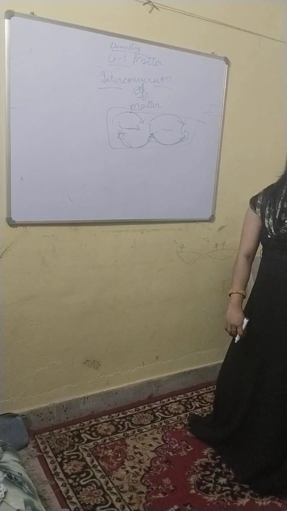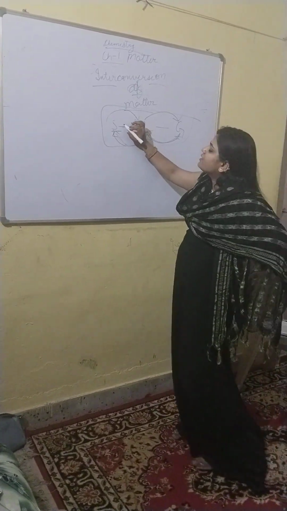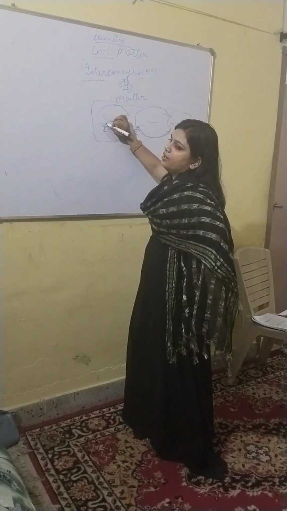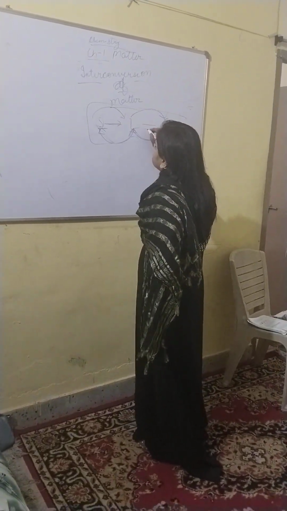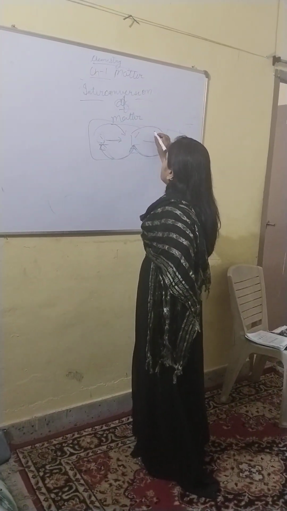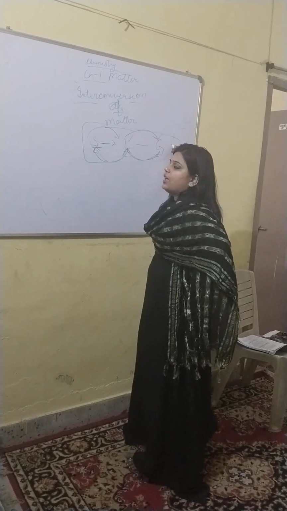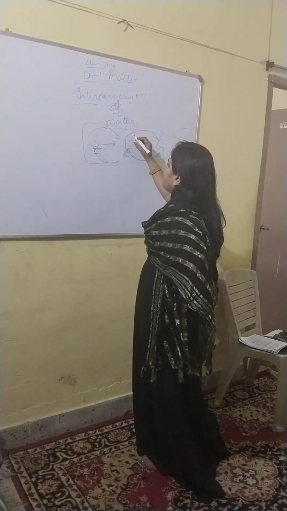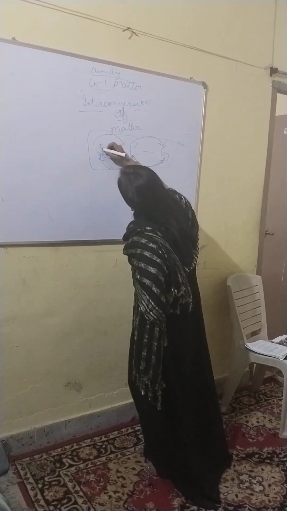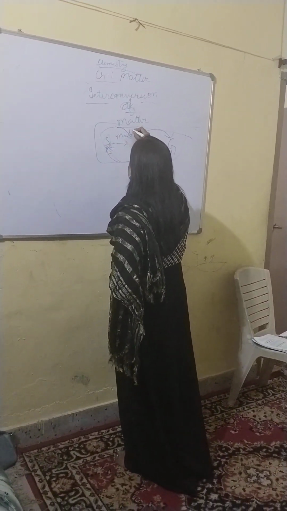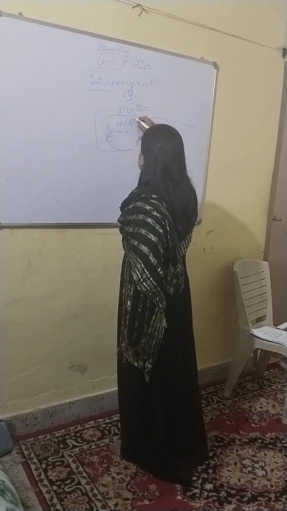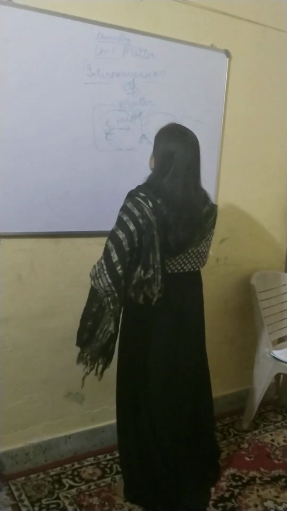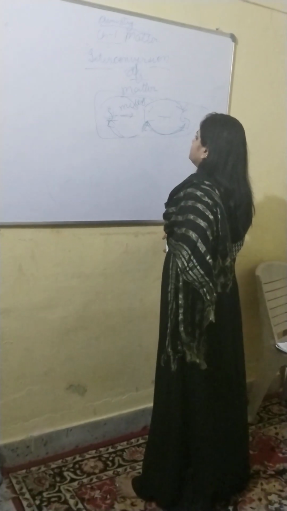You have seen ice? Yes. So ice is in the form of solid. When ice is melted, it is converted into liquid. When it is boiled, it is converted into gas. So when solid is converted into liquid, that process is called melting.